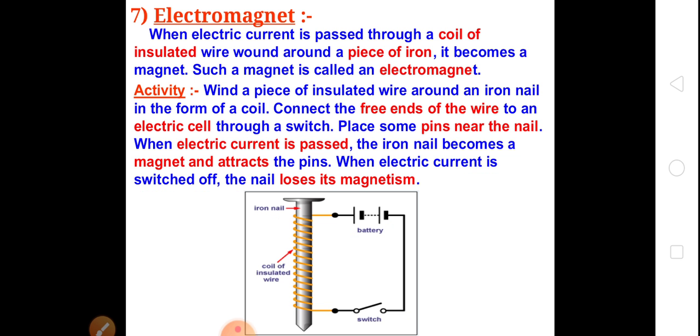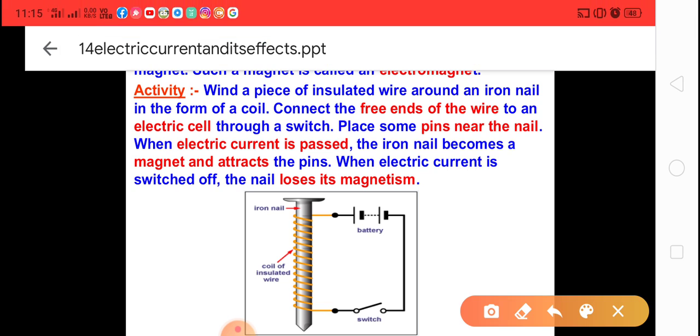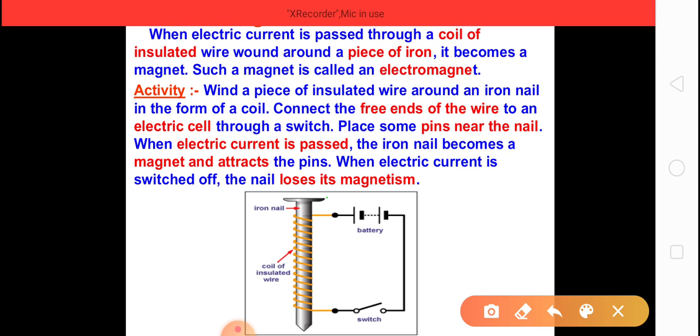Now next, an example of the magnetic effect of electric current is the electromagnet. Okay, electromagnet, children, first see the definition. When electric current is passed through a coil of insulated wire wound around an iron piece, it becomes a magnet, and such a magnet is called an electromagnet.